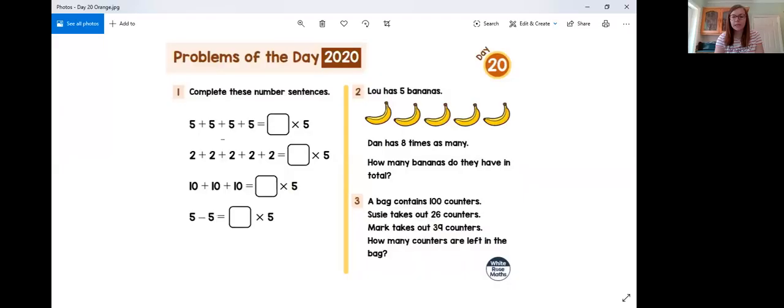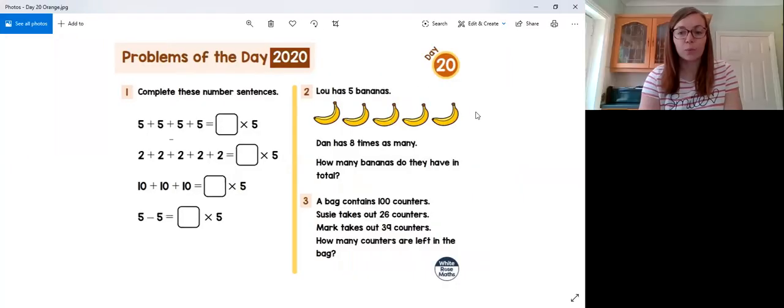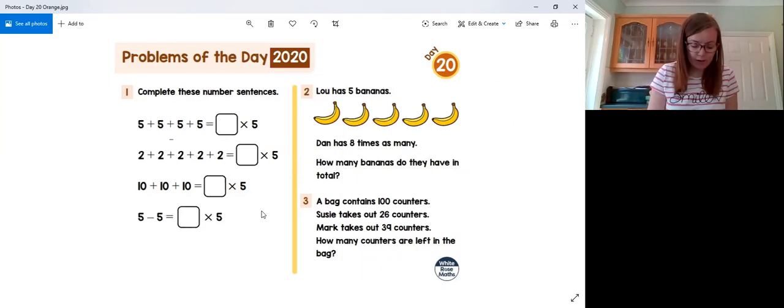Okay, so as ever, let's start with our orange questions. You can see here, we've got a few different number sentences in question one, and we have to complete the missing gap. So in the first number sentence, we have 5 plus 5 plus 5 plus 5.